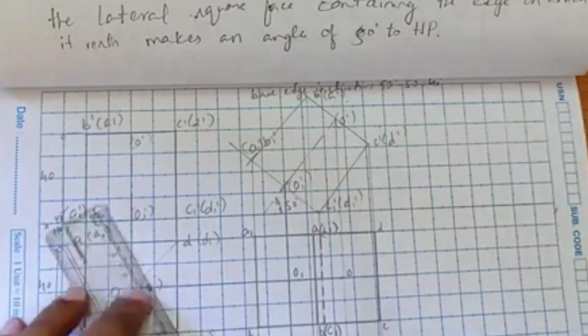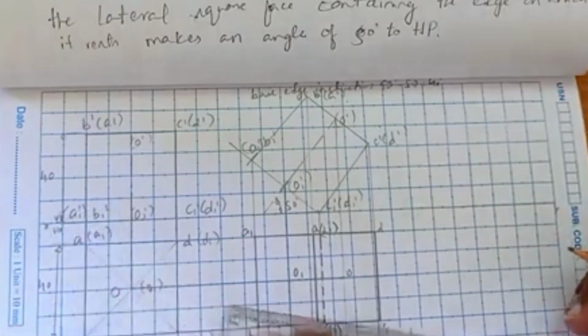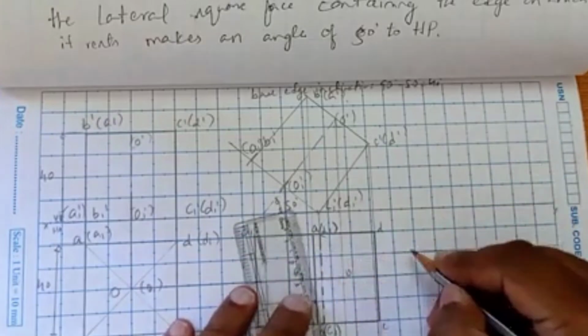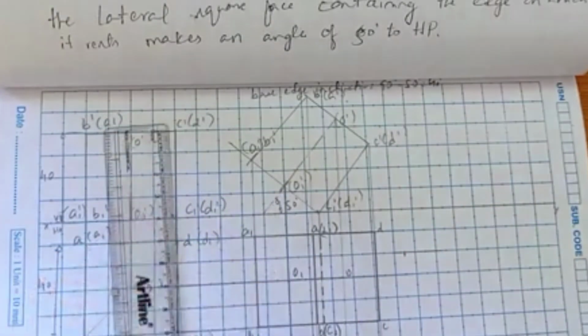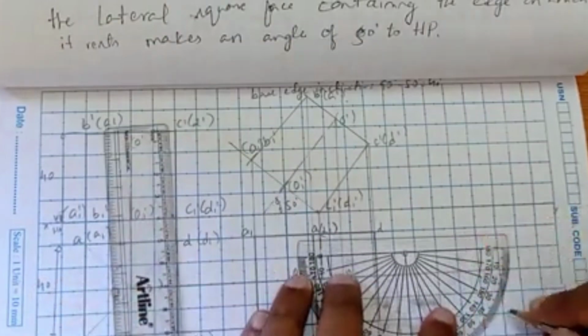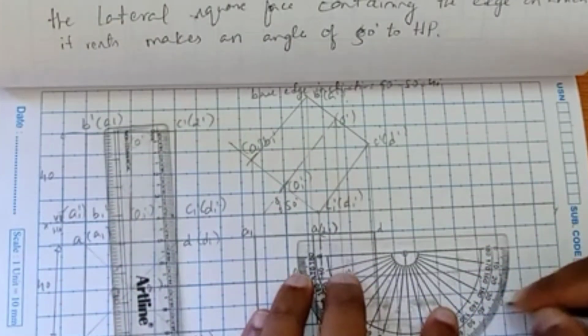Now inclination to VP here is 30 degrees. So take a reference point here, mark for 30 degrees.